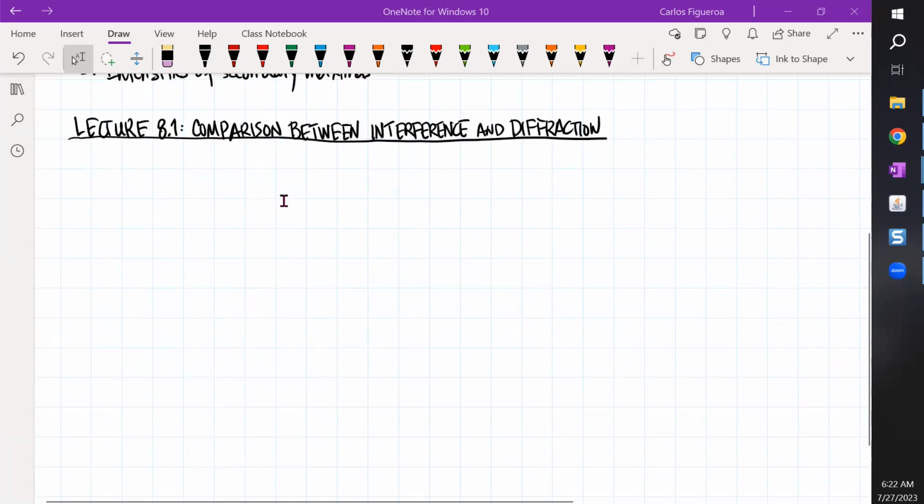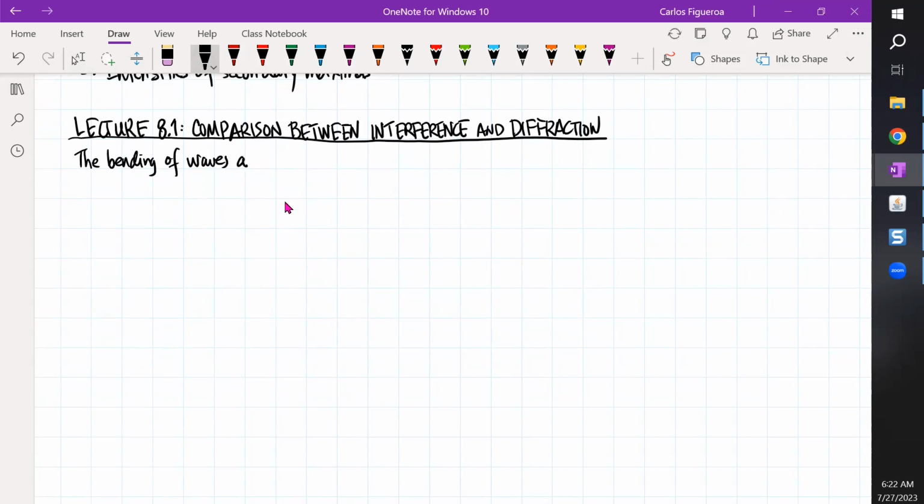Lecture 8.1, Comparison between Interference and Diffraction. The bending of waves around obstacles is a fundamental behavior of all waves.